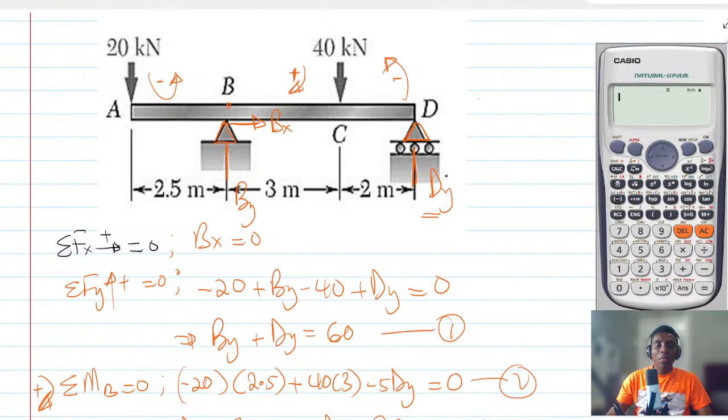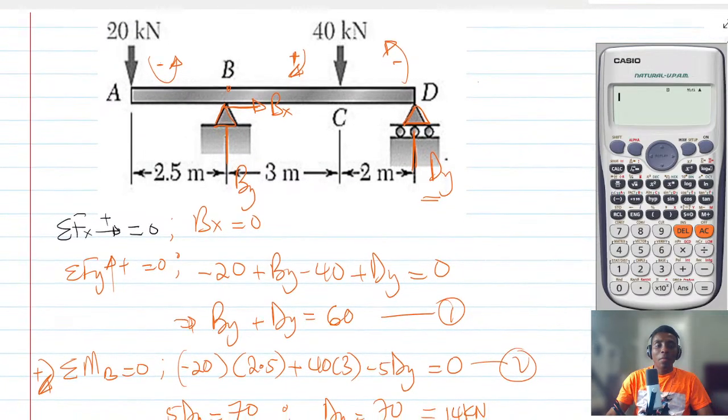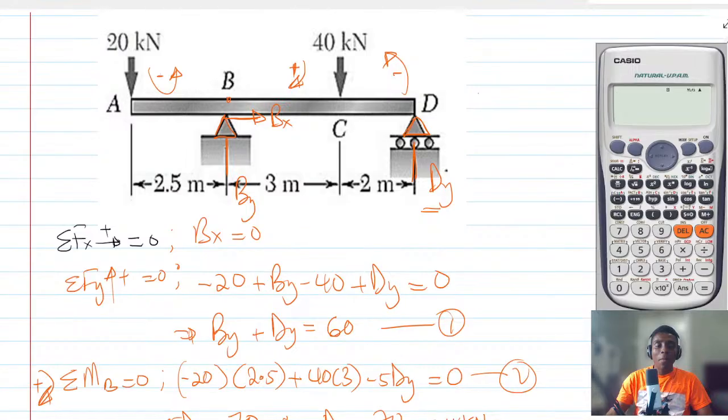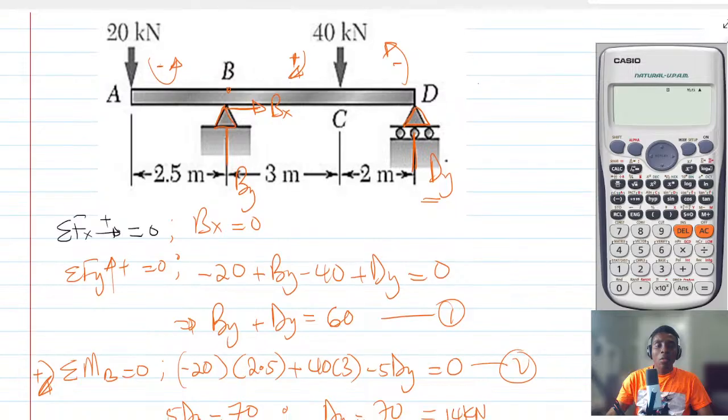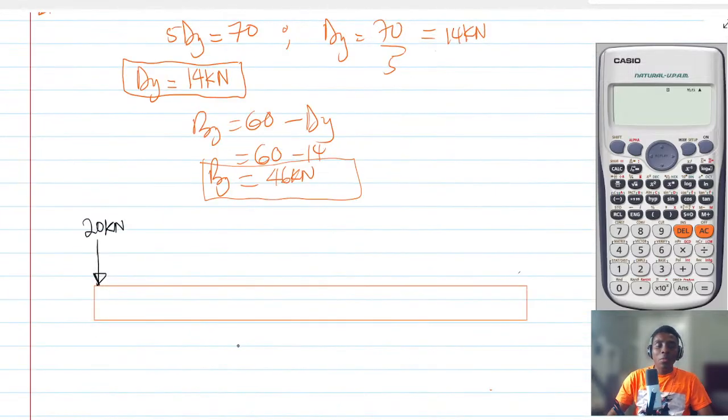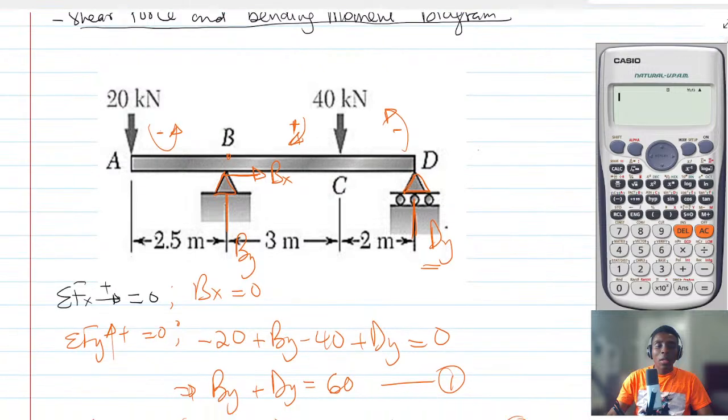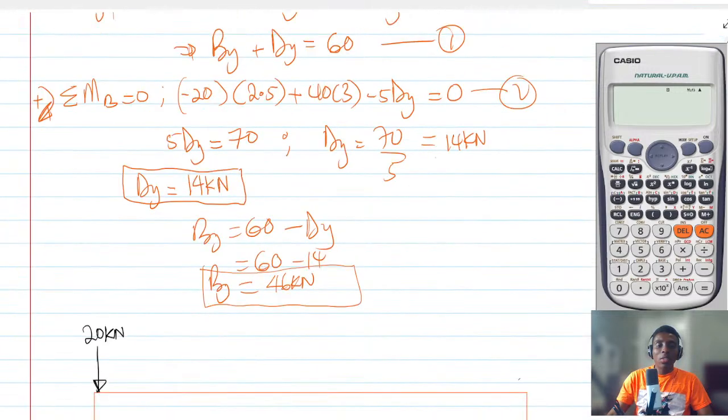And we have By here, but By is what? 46.